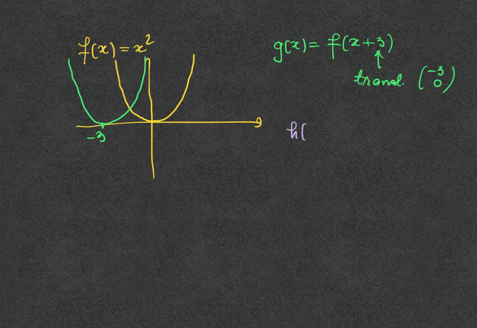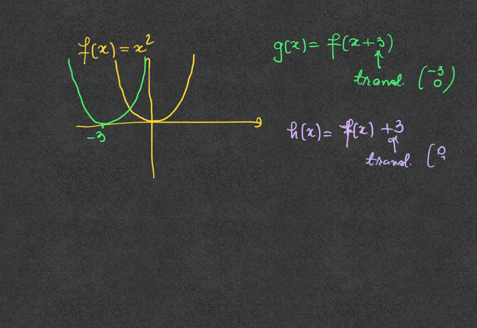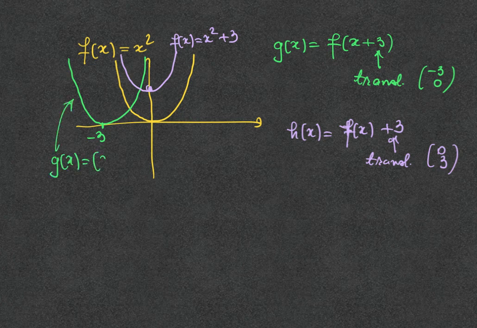If I write h of x equals f of x plus 3 outside, that's a translation by 0, 3. So it's 3 units up, because the 3 is applied to the entire f, and the graph is going to be like this. So this one is f of x equals x squared plus 3, whereas the green one is g of x equals (x plus 3) squared. In fact, we call this one h.